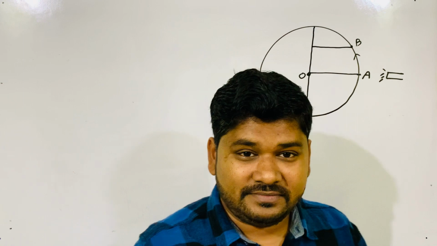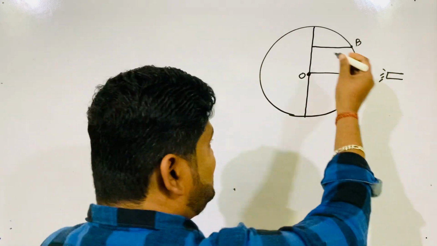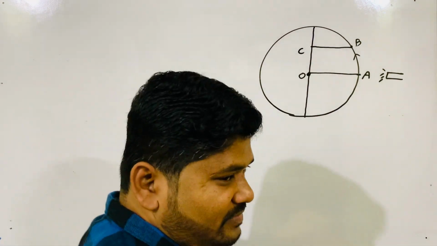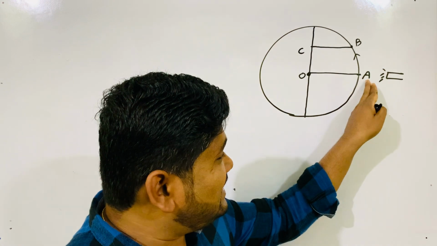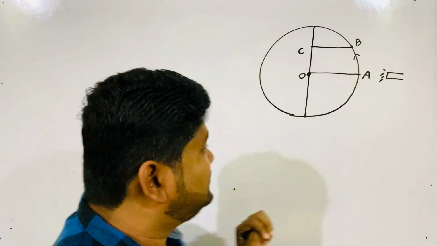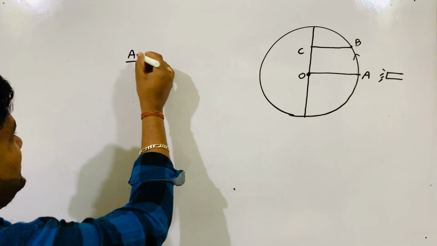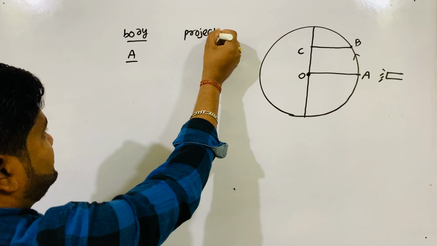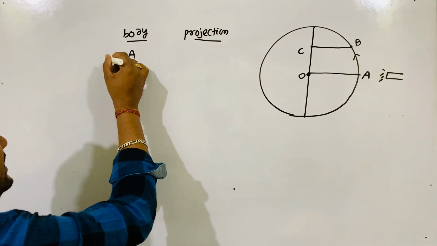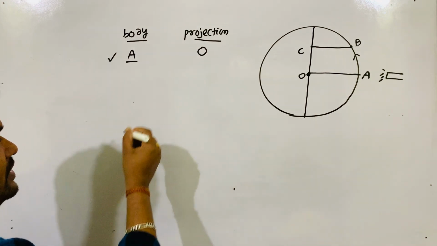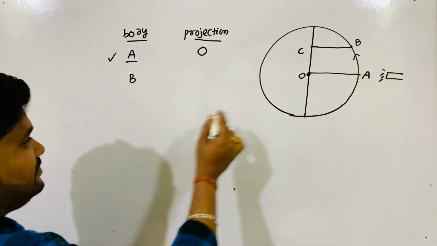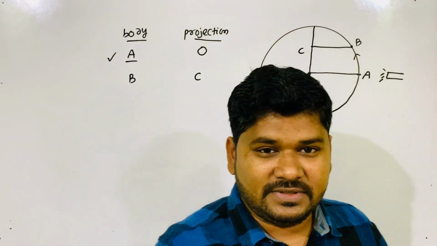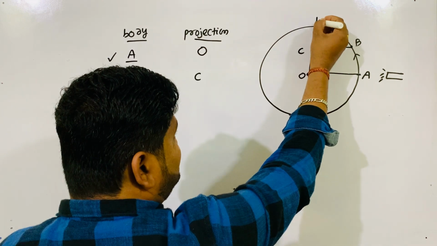So this is the perpendicular, and let's make this point C. So let's write here: body, and here projection. When the body is at A, the projection is at O. When the body is at B, the projection is at C.